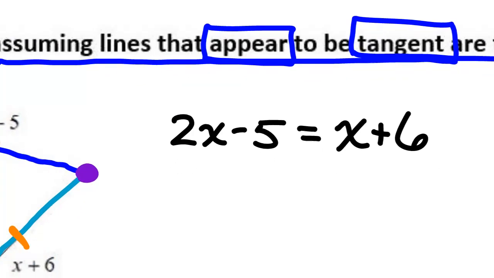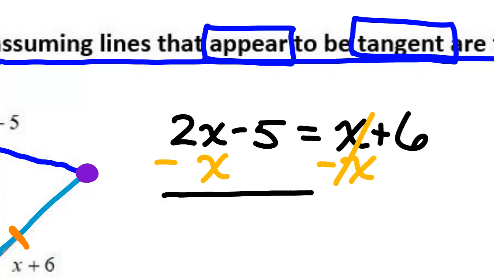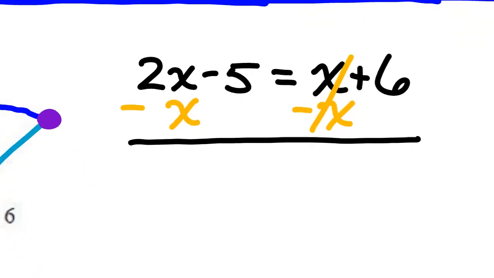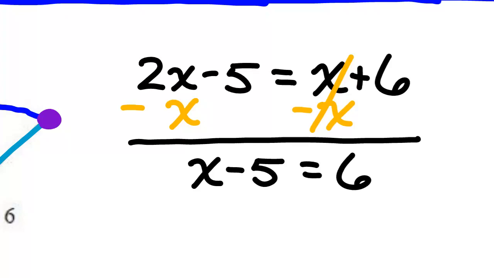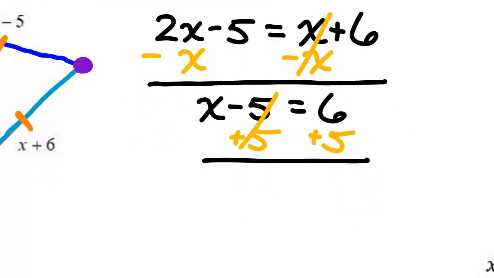First thing we need to do now after we set up our equation is get our x's on the same side. So I'm going to minus x from both sides. What is 2x minus x? 1x. So x minus 5 equals 6. And then we plus 5 to both sides. So how big is x? 11.